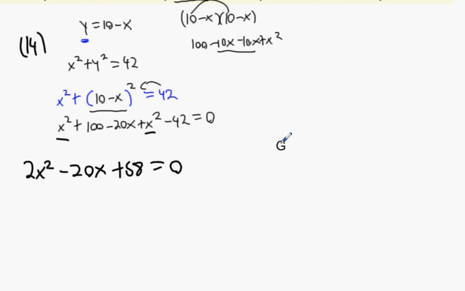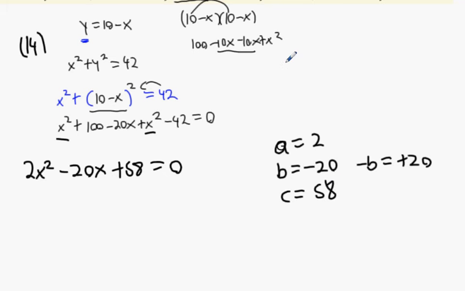It's your call. I'd just go straight into it. A equals 2. B equals minus 20, therefore minus B is plus 20. And C is 58. I then have the minus b formula up the top, ready to go: minus b plus or minus the square root of b squared minus 4ac, all over 2a.